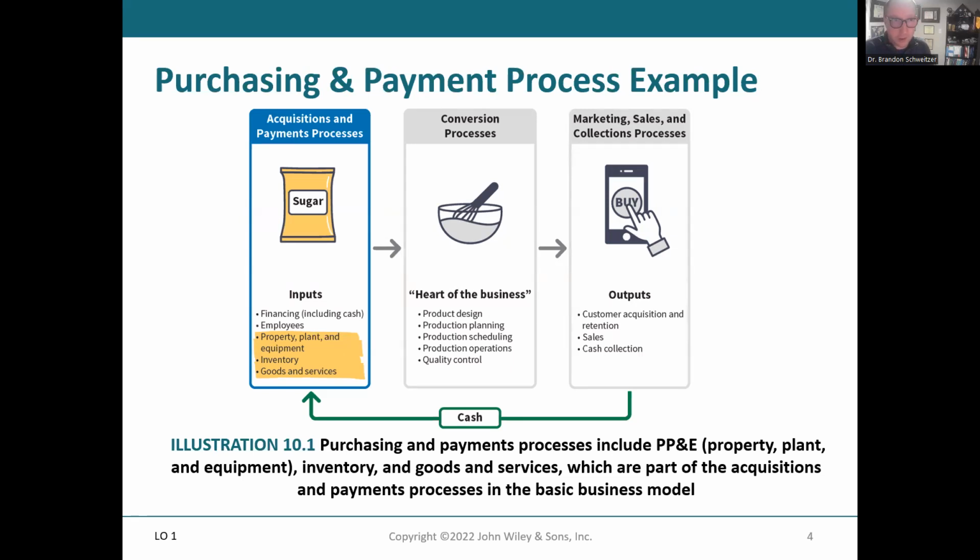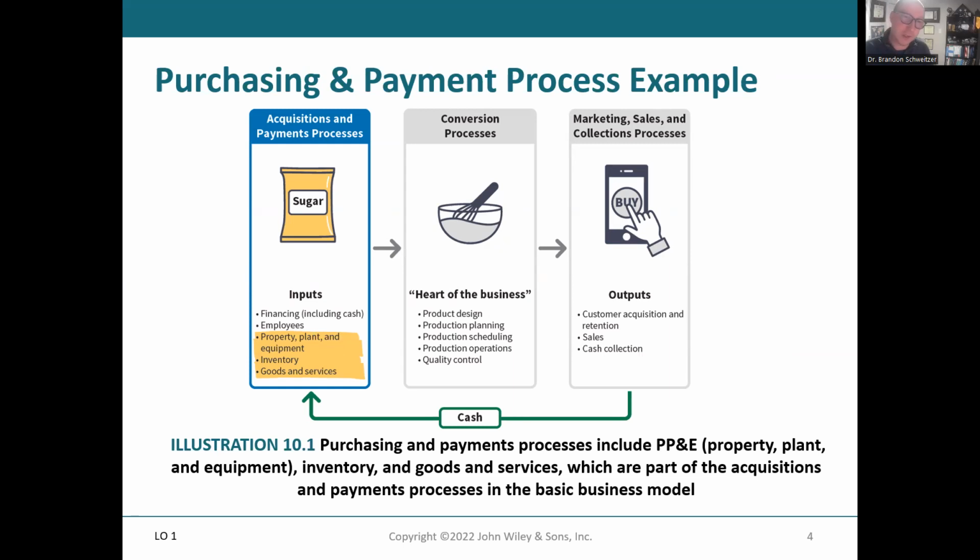Those costs, of course, get converted into the overall operation. So we purchase our raw materials to convert that into work in process, and then ultimately finished goods. If you think about that flow of inventory, you'll be able to understand more about the purchasing and payment process.